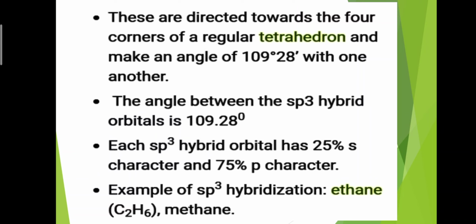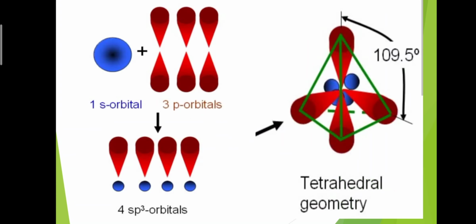Examples of sp3 hybridization are ethane, C2H6, and methane.